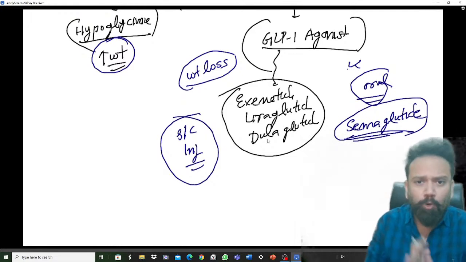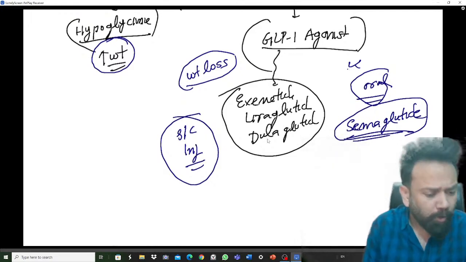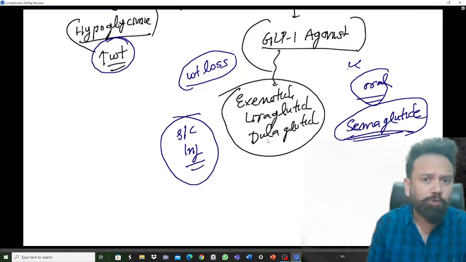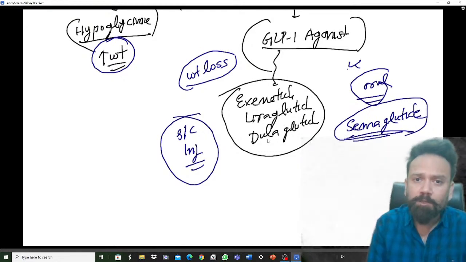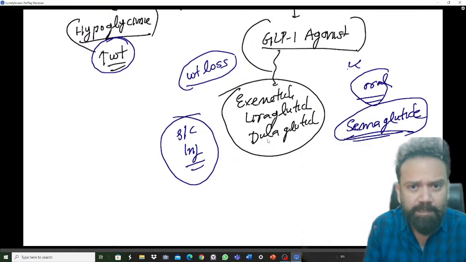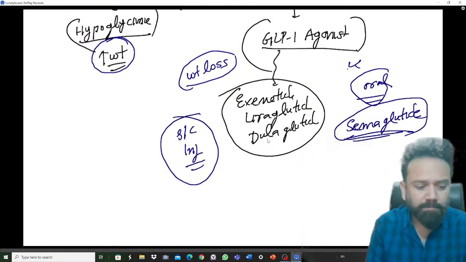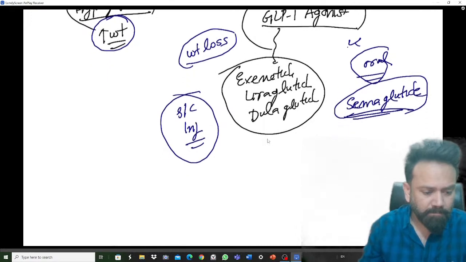Okay. On the same note, I want to ask you, which is the other drug that can also decrease weight? Besides GLP-1 agonist, Dr. Khan, do you remember any other drug that decreases weight? Recently asked question.